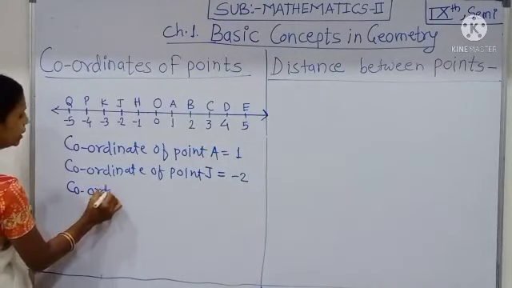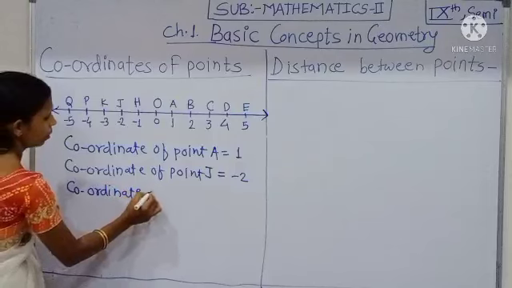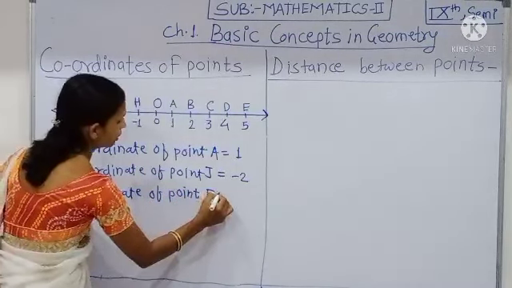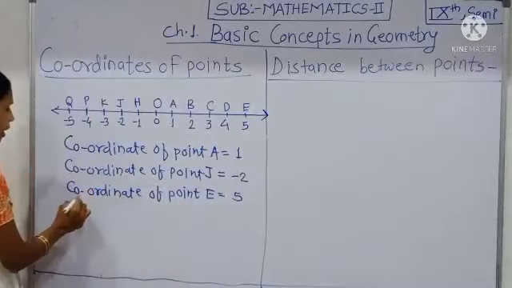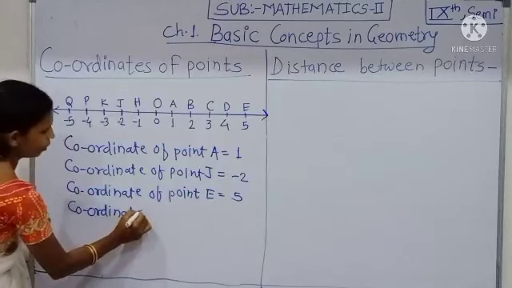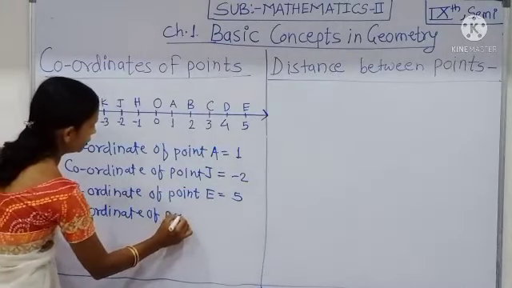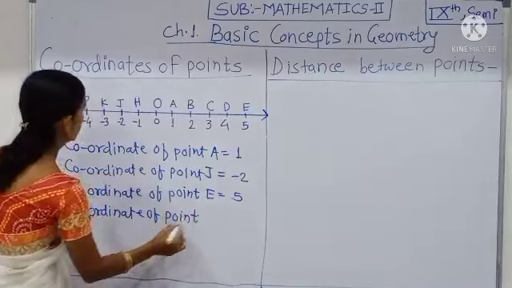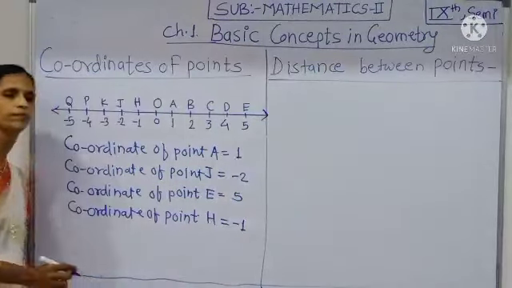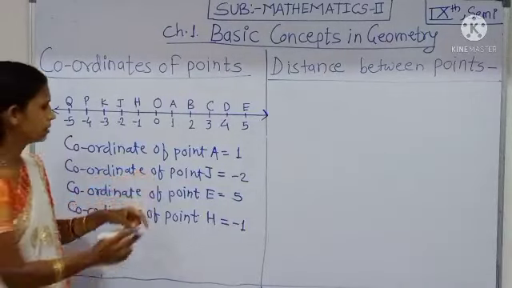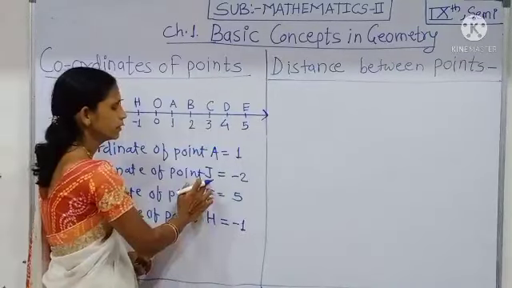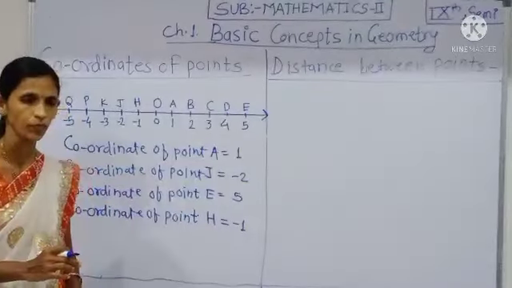Similarly, the coordinate of point E is 5, and the coordinate of point H is -1. So every point is related with a number, and that number is the coordinate of that point.